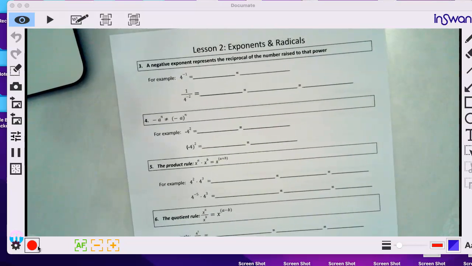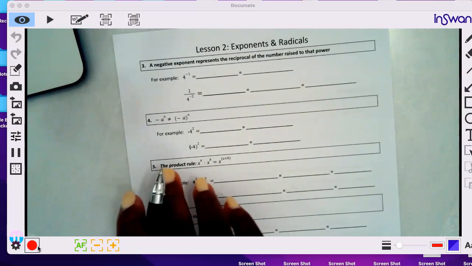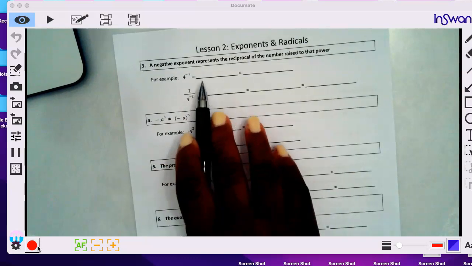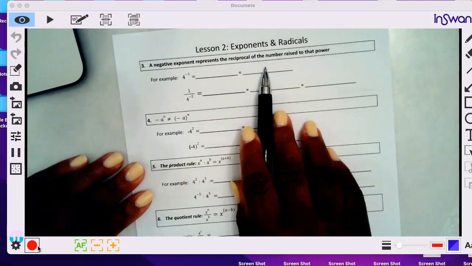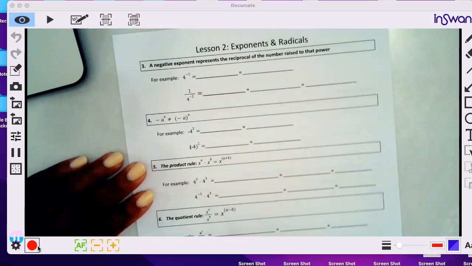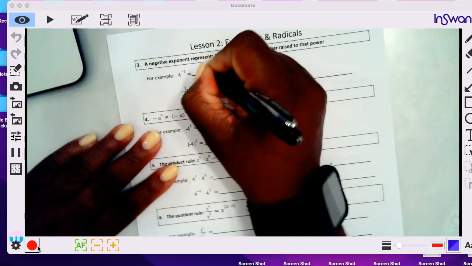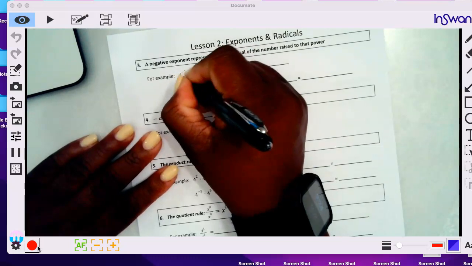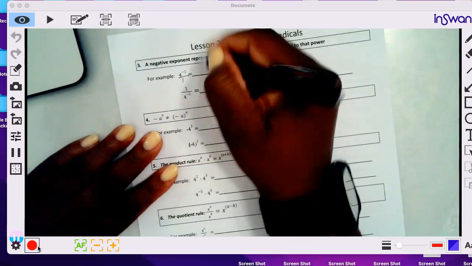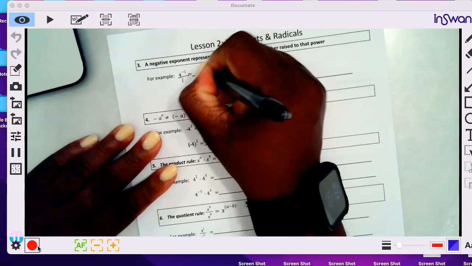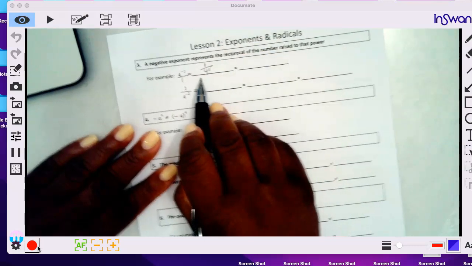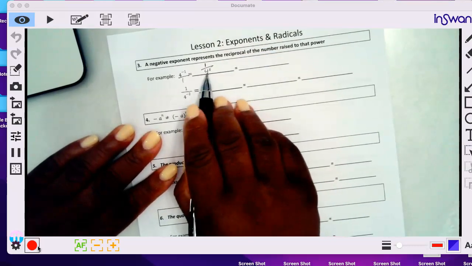All right, looking at page 6, a negative exponent represents the reciprocal of a number raised to that power. So you have, for example, 4 to the negative 1. That means you have the reciprocal. That's the same thing as saying 4 to the negative 1 over 1. Reciprocal of that would be 1 over 4 to the first power. And 4 to the first power means that number.